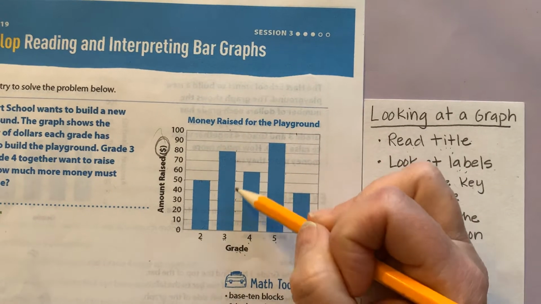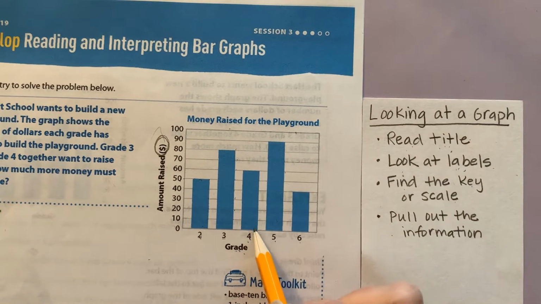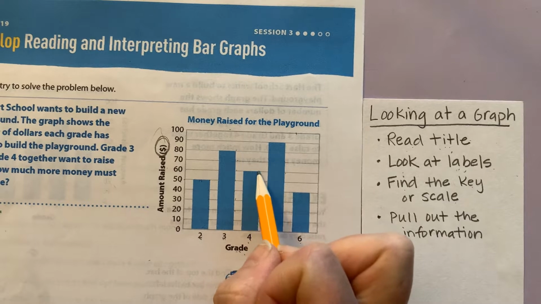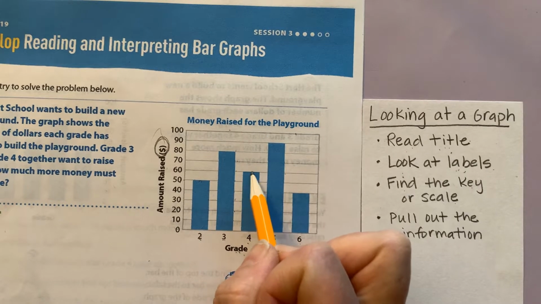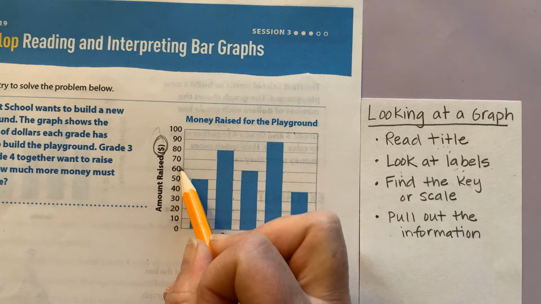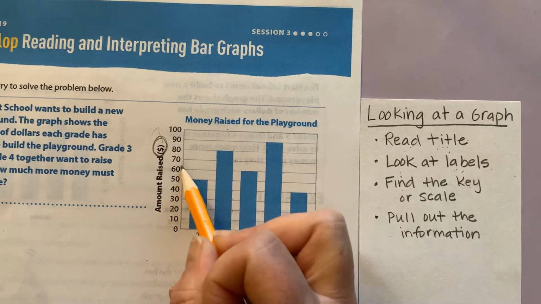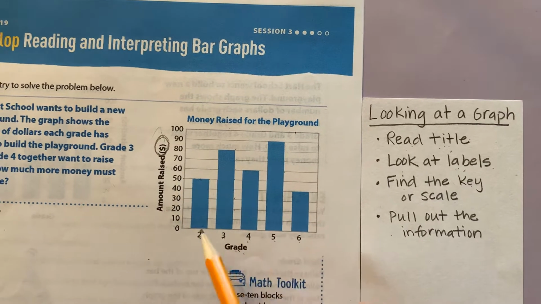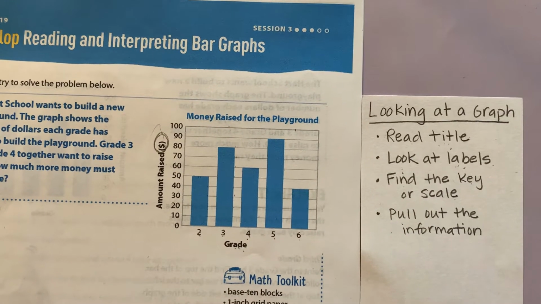Now, if you don't want to have to count the lines up, you can also take a look at where the lines go. So let's look at 4th grade. Notice that the gray line right here is at the top of the bar. And if we follow that over, it tells us that 4th grade raised $60. Notice the bar is as tall as the 60. So that's how we're going to read our bar graph today.